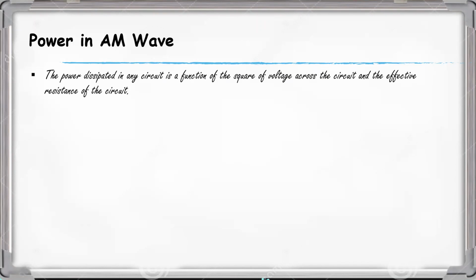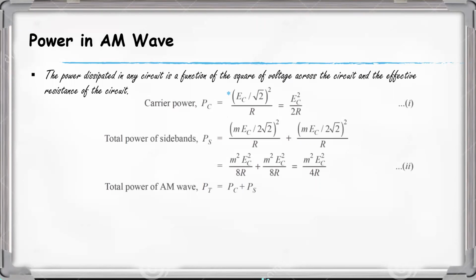Then power can be written as power is equal to V square divided by R. Here, in the case of an amplitude modulated wave, it is a sinusoidally varying wave, so the voltage must be considered as the RMS value.